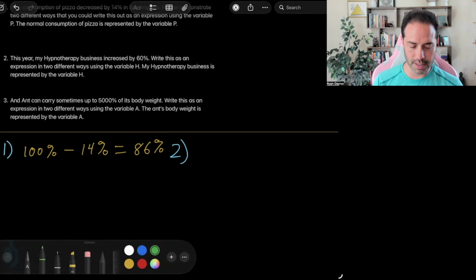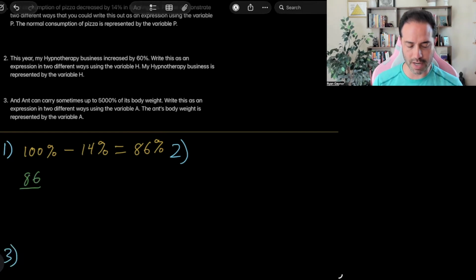So if I do 86 divided by 100, which you can see that that is also a fraction, right? So I could do 86 over 100 times the variable p, and that would be my expression. So that would be one answer.